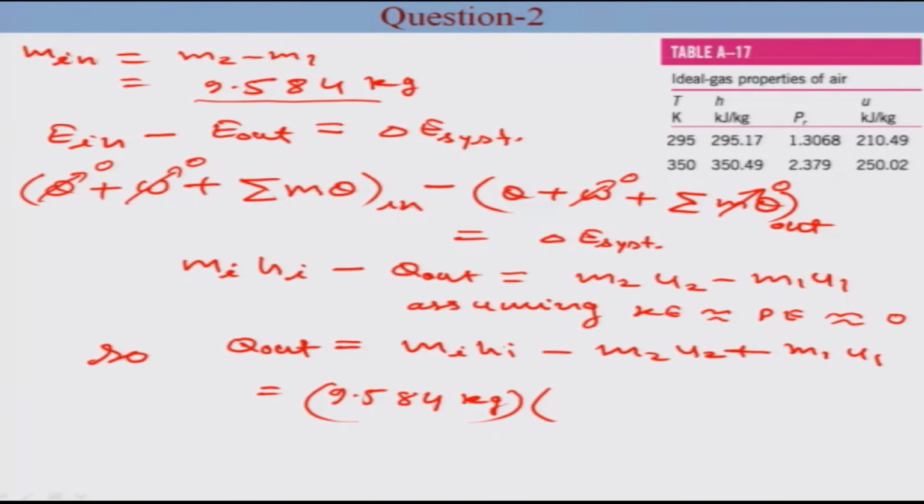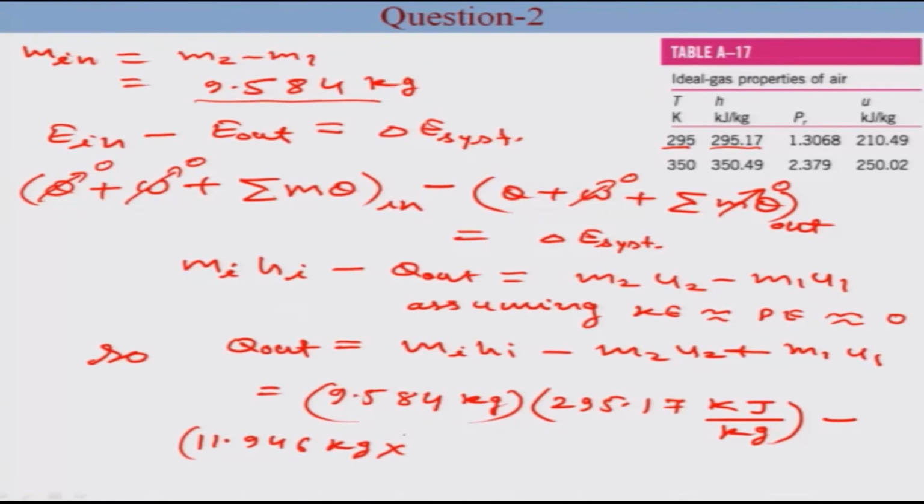Initial enthalpy is enthalpy at 295 Kelvin, because temperature is given initially. So, initial enthalpy would be 295.17 kilojoule per kg minus M2 that we have already calculated, which is 11.946 kg times U2.